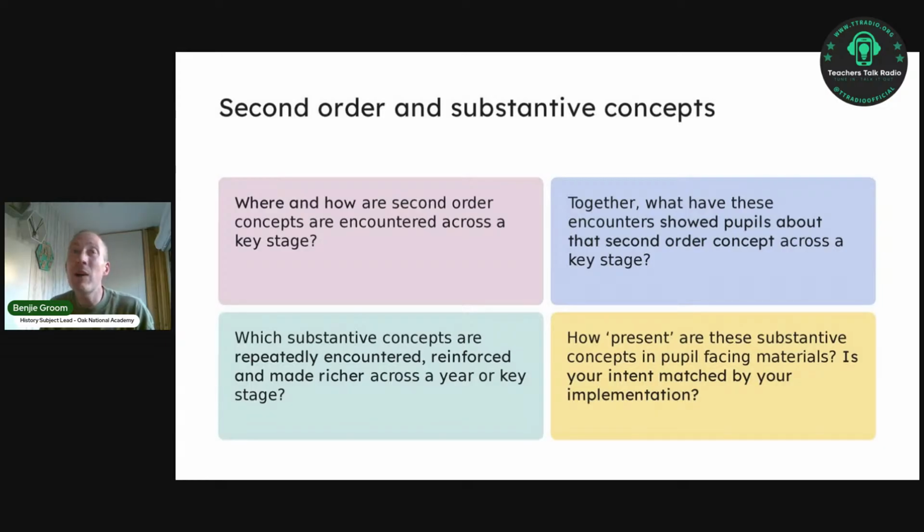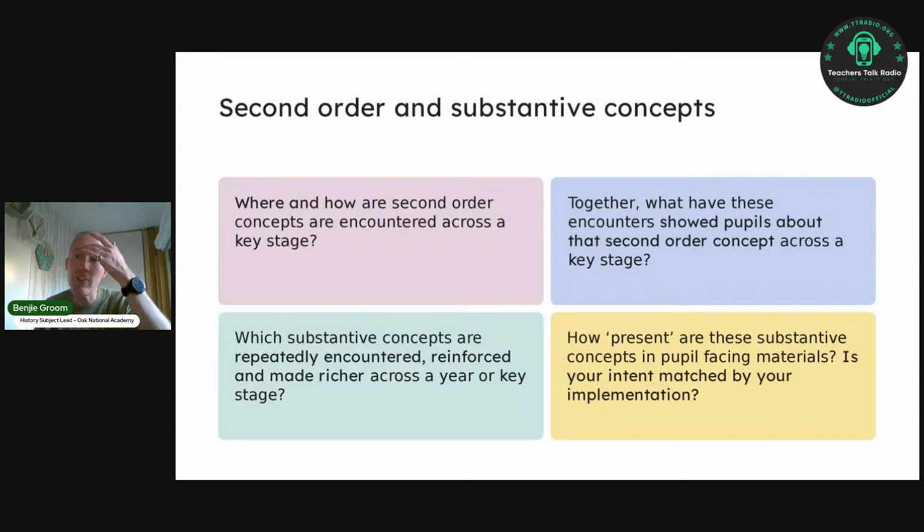So thinking about these questions can prove really useful. If we think about our second order concepts, have we got enough variety across the curriculum? Is a particular year causation heavy? Is the whole Key Stage 3 curriculum too focused on change and continuity? Are my inquiry questions worded tightly enough?